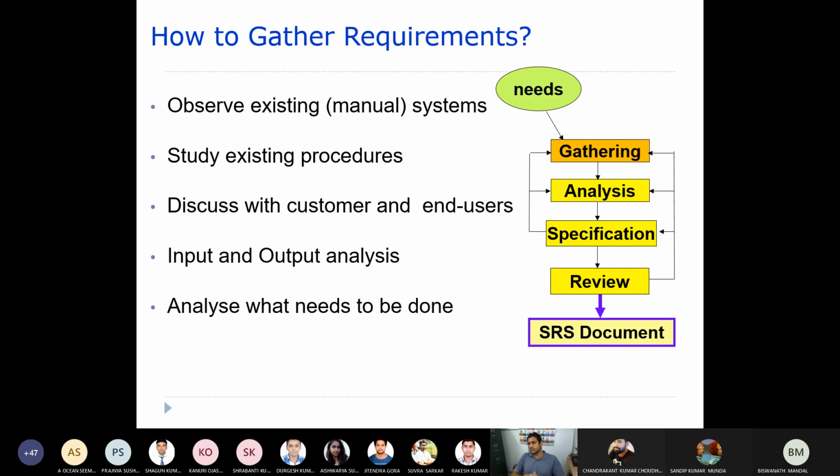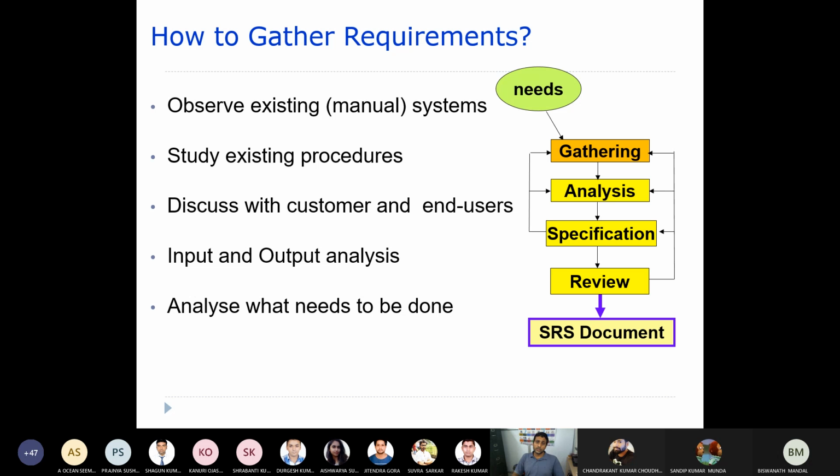Now, how to gather these requirements? Usually, gathering of requirements involves that we go and observe the existing manual system in the organization. Before also I told you, if some existing manual system is there, it will be easy for us to understand the system quickly.